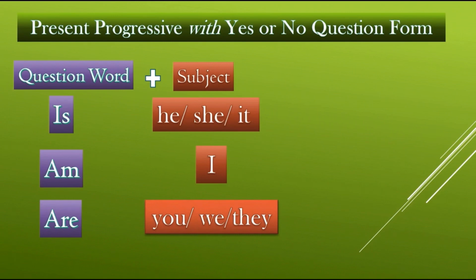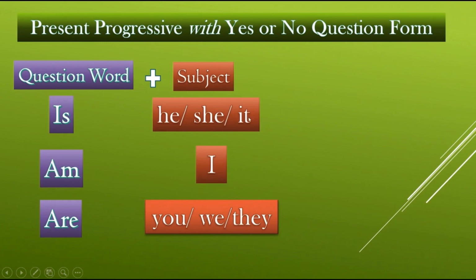For the question word is, the subject should be he, she, it. For the question word am, the subject should be I. And for the question word are, the subject should be you, we, and they.